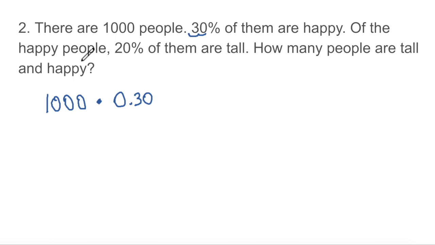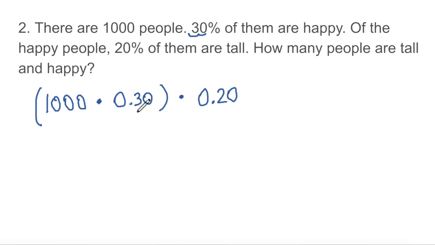Of the happy people, in other words, of this group, 20% of them are tall. So 20% of this, right? Again, we're going to convert that percent to a decimal, 0.20, and then multiply, because of means multiply.